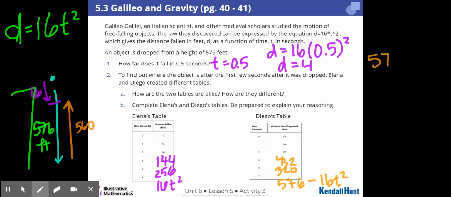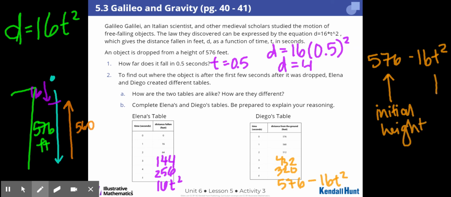So this 576 minus 16t squared. The 576, that's my initial height. Right? That's how high the building was. And then the 16t squared, that's the effect of gravity. That's it falling over time. In fact, this negative 16, that factor in front of the t squared.